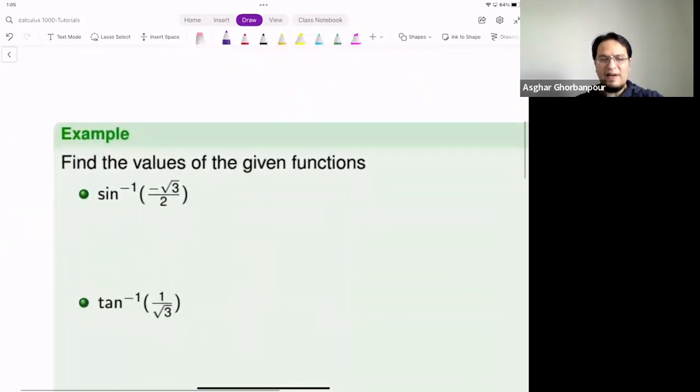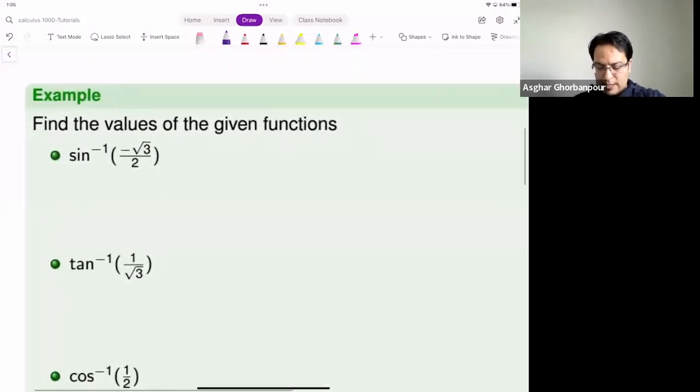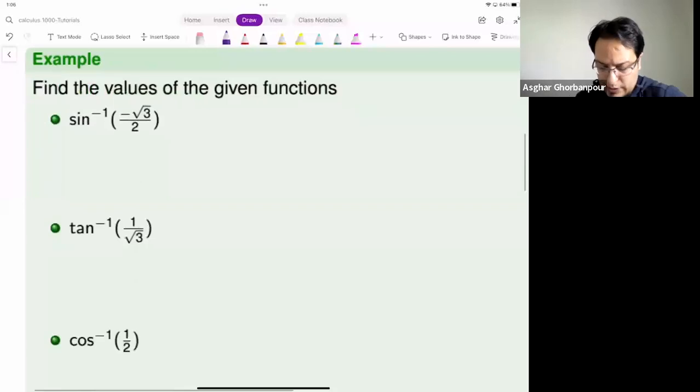Okay, let's just evaluate some of these values. Sine inverse of negative root 3 over 2. Okay, this is an interesting one. So I'm looking for a theta whose sine is negative root 3 over 2.